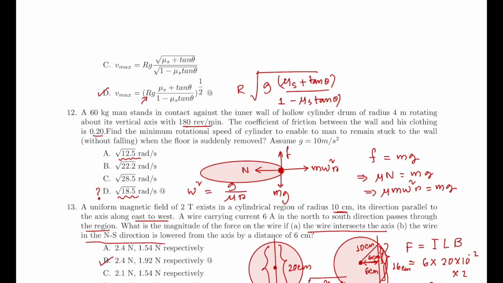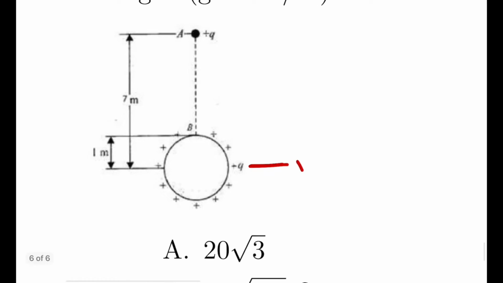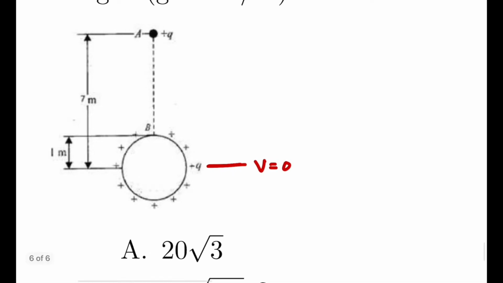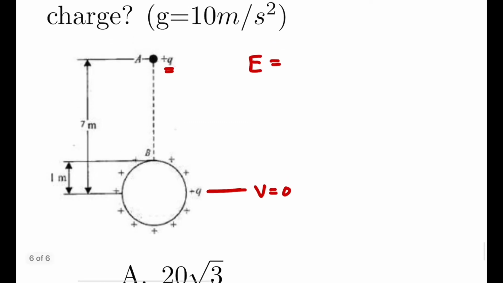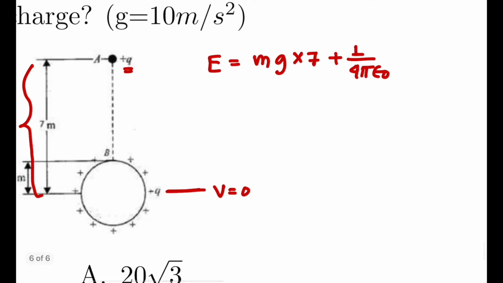Let's denote it by V is 0. So initially the total energy of the charge plus Q is, it has no kinetic energy, it has only potential energy, which is mg times this distance, 7, plus 1 by 4 pi epsilon, the potential due to electrostatic force, which is Q square by 7.